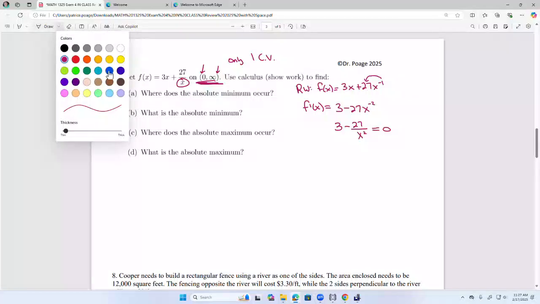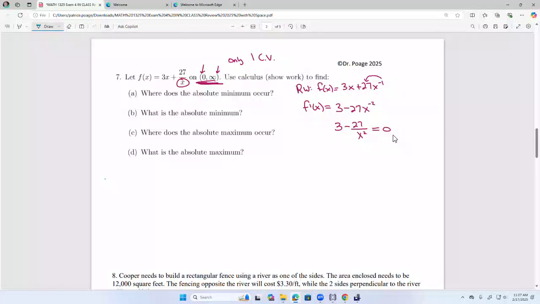Then there's lots of different ways you can solve this. My preference is I get rid of my denominator as soon as I can. So I'm going to multiply everything by the denominator, which for the middle term makes it cancel. Over here I'll have 3 times x squared minus 27 equals 0 times x squared, which is just 0.